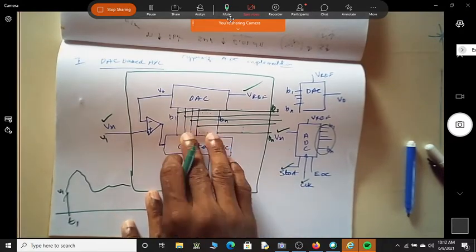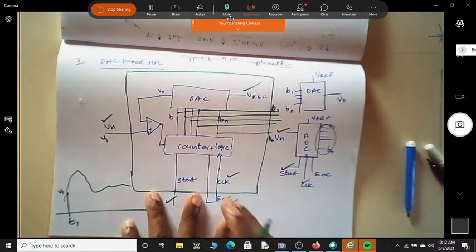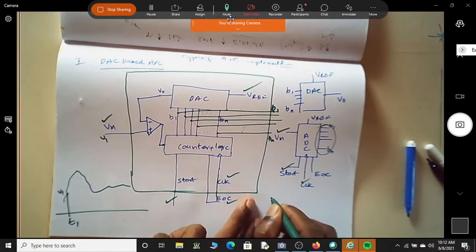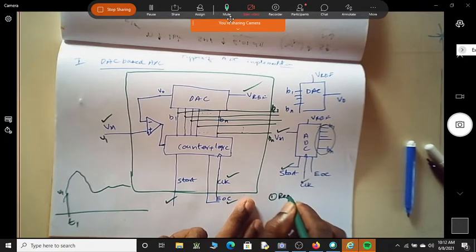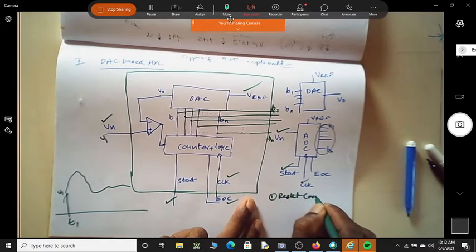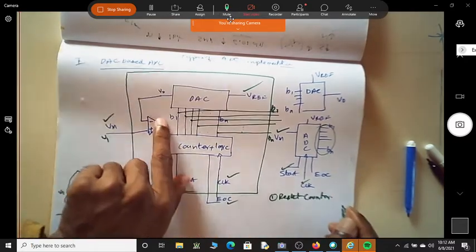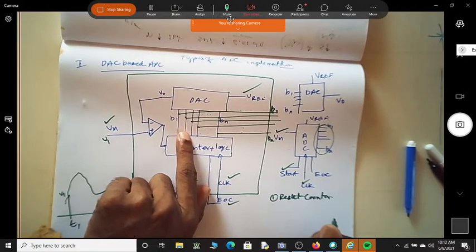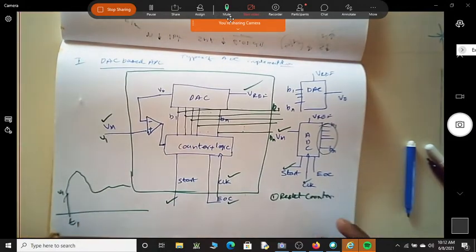When you reset the counter, what is the output from this counter upon resetting? First one, reset the counter. What do you mean by reset the counter?